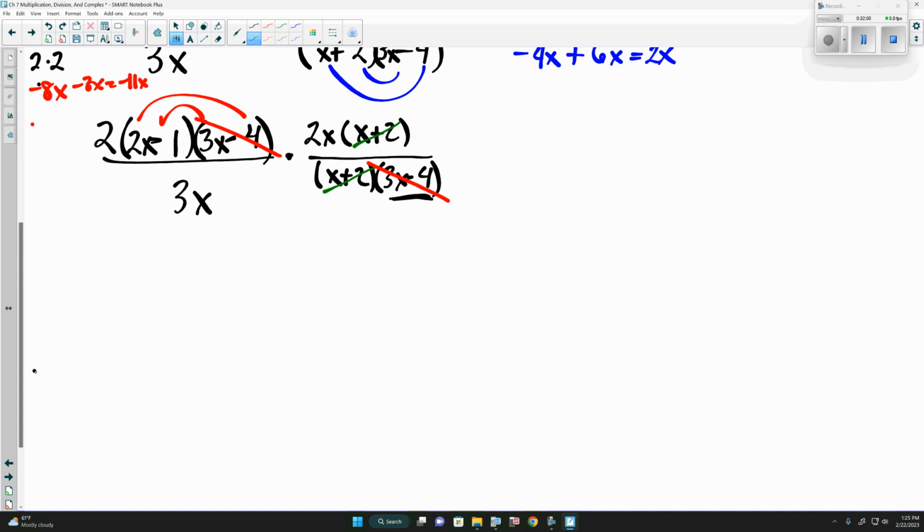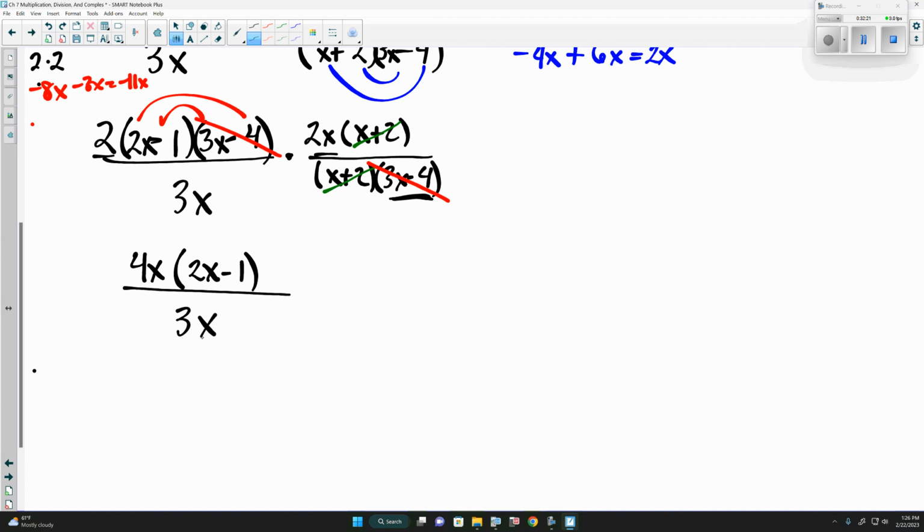Will anything else simplify? So let's go on and put them together and see. Because the numerator we have 2 times 2x times 2x minus 1. And on bottom we just have 3x, yes?